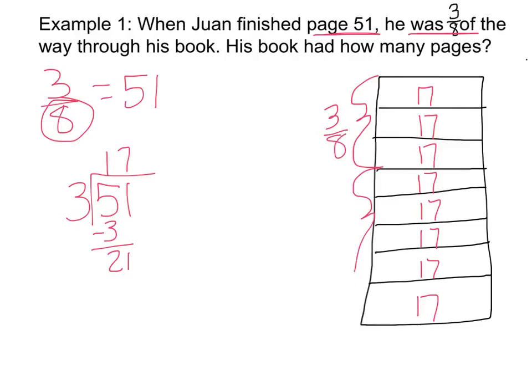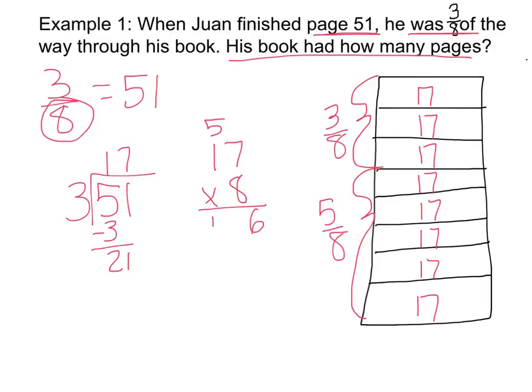Therefore, we have 5/8 left over. We are asked to find how many pages are in his book altogether. We have 8 boxes, 17 in each box, so we can take 17 times 8 to get our final answer of how many total pages he has. He has 136 pages in his book.